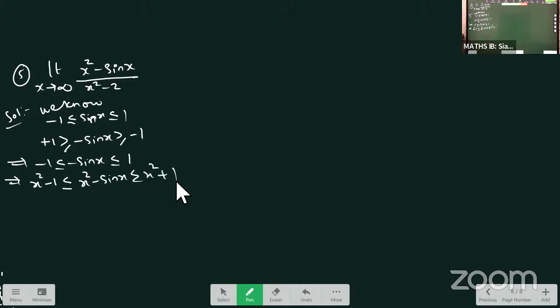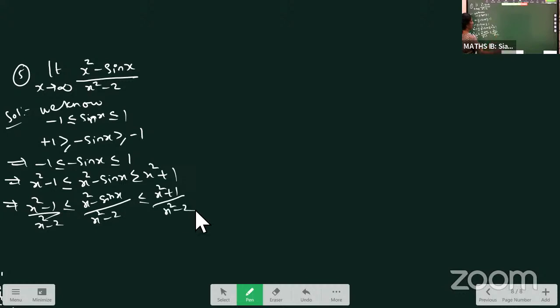After that, what is there? Divide by x square minus 2. So complete divide. (X square minus 1) by (x square minus 2) less than or equal to (x square minus sin x) by (x square minus 2) less than or equal to (x square plus 1) by (x square minus 2). Now, for that, limit is there.